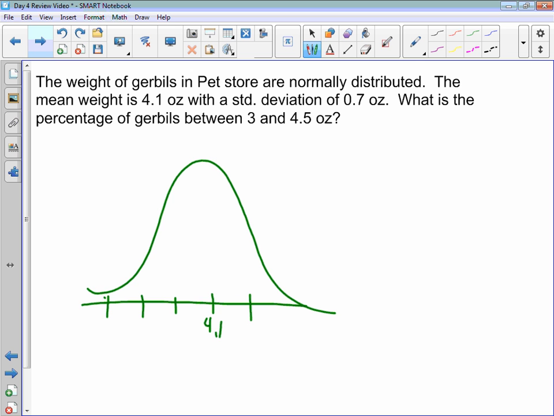And then you can put the other ones kind of based off that. Doesn't have to be perfect, but they kind of need to be in the right spot. So a standard deviation of 0.7 means that this is 3.4, this is 2.7, and this is 2.0.